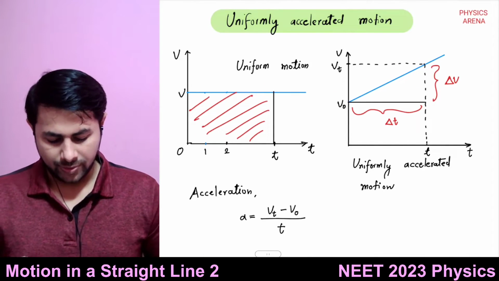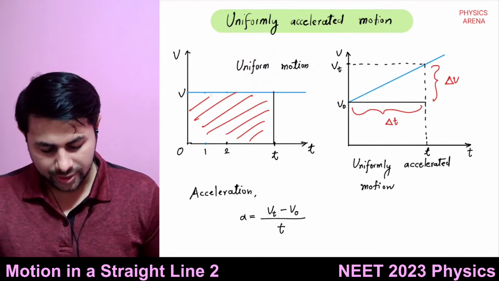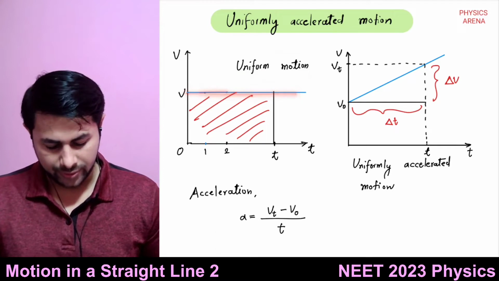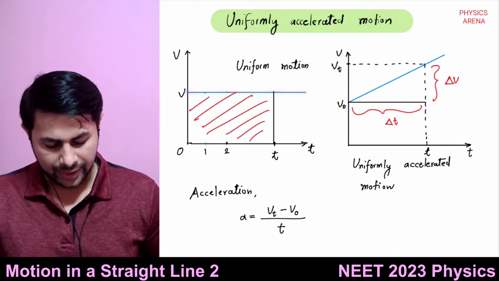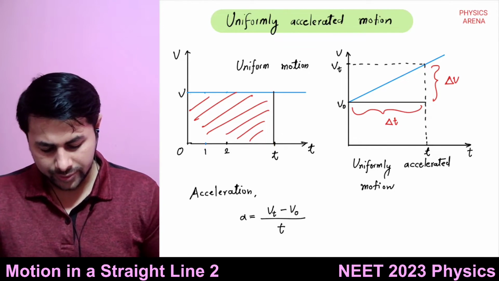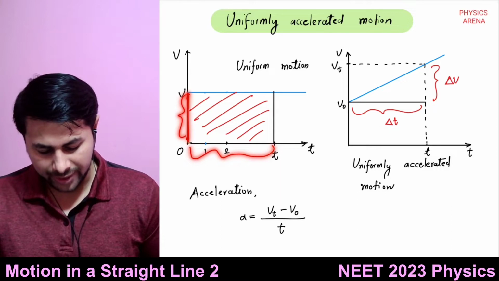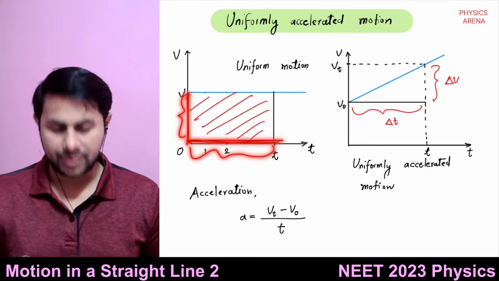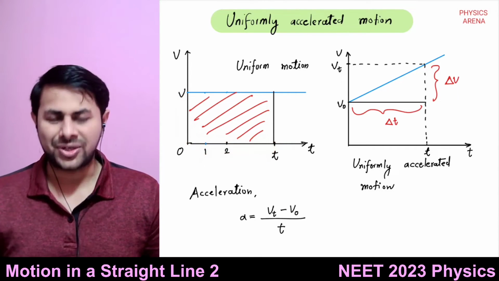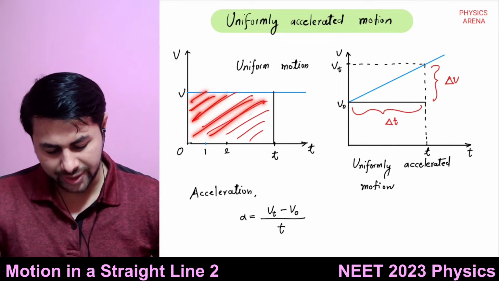So if you see here in uniform motion, this is your velocity, which is constant, and if you take some time t, then this is velocity and this is time. If you multiply this side with this side of this rectangle, you will get the area under this rectangle, which is this shaded area.